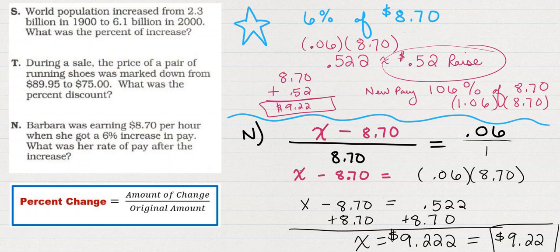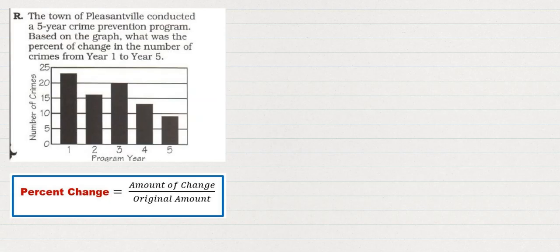One last example here. We want to look at the chart. We can see that we have an increase in crime, or actually this was a decrease in crime, isn't it? We want to use the chart to find the change in crimes from year 1 to year 5.